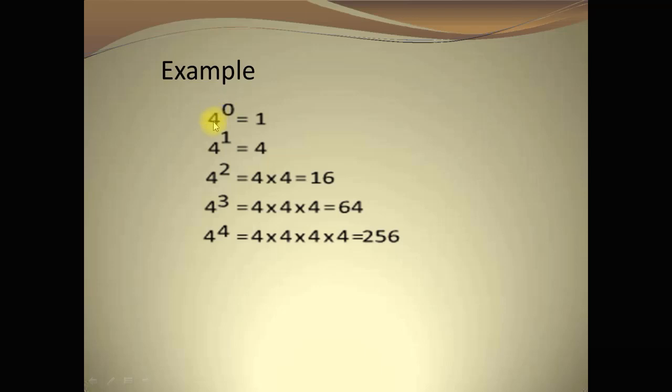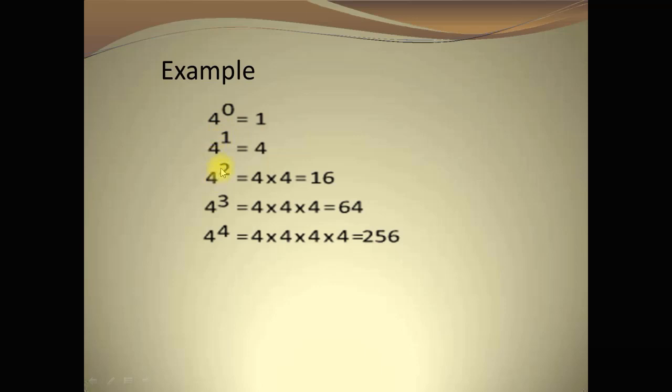Another example, we have 4 power 0. Any number power 0 is equal to 1, and 4 power 1, this is the exponential form. In this exponential form 4 is base and 1 is power, and 4 is the value of this exponential form.